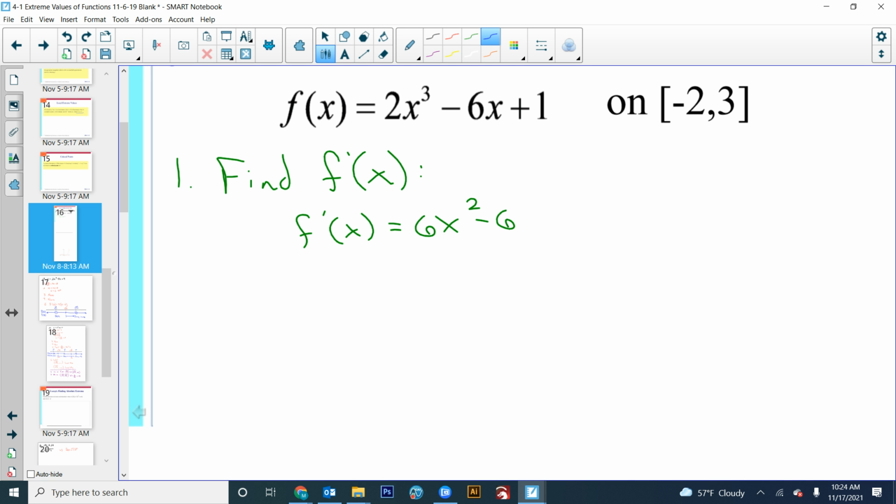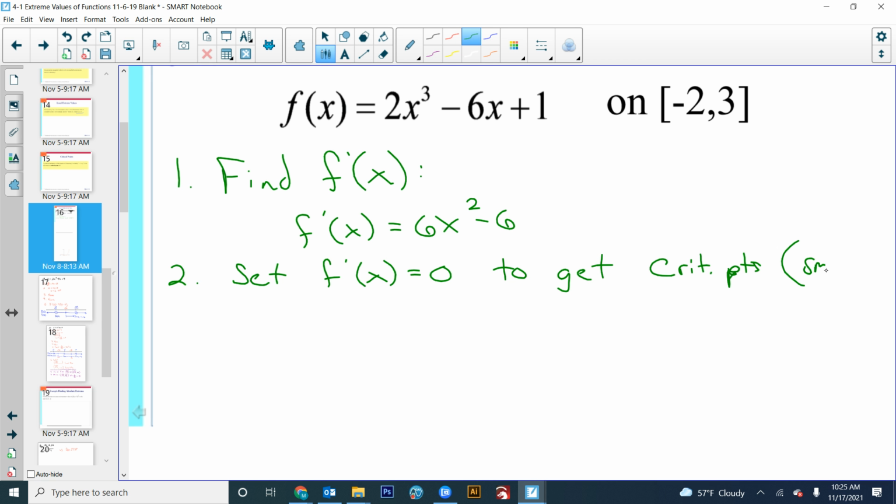Step 2. Set f prime of x equal to 0 to get critical points. And I'm going to put in parentheses smooth critical points.